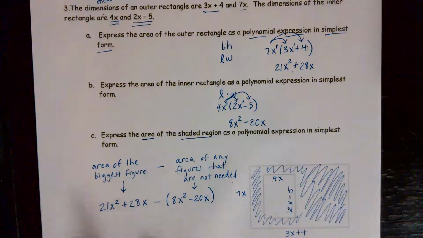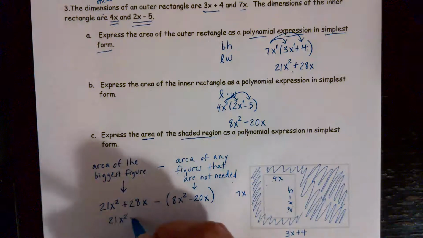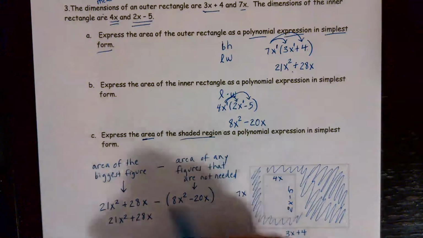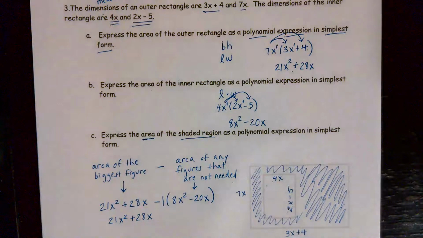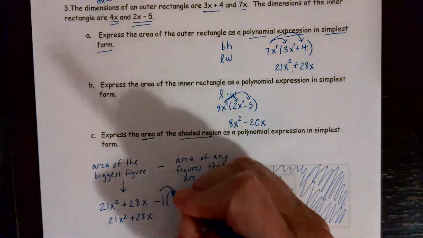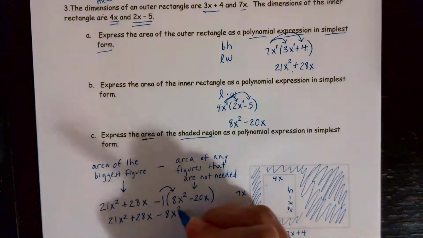All right, let's remember our rules from the previous lesson. Nothing changes here, so I'm going to copy that down. And when I have a negative outside parentheses, it's the same as multiplying by a negative 1. So a negative 1 times a positive 8x squared is a negative 8x squared.